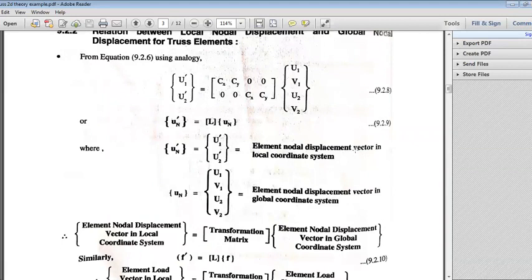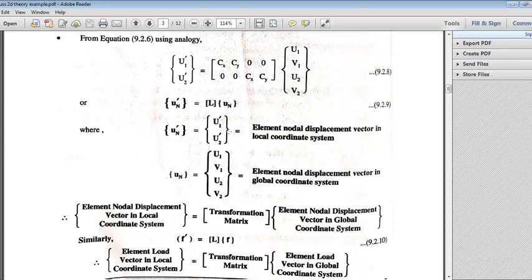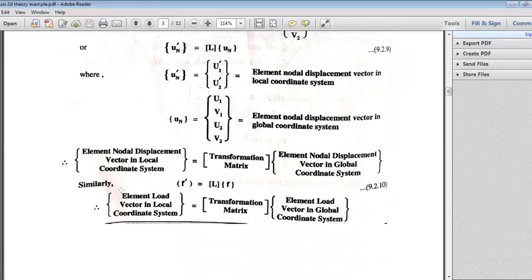Local and global notations are different, so keep in mind this way: element nodal displacement vector in the local coordinate system and transformation matrix into force.